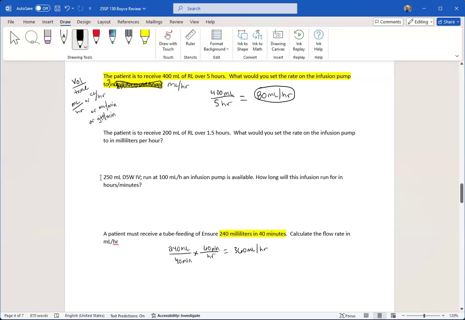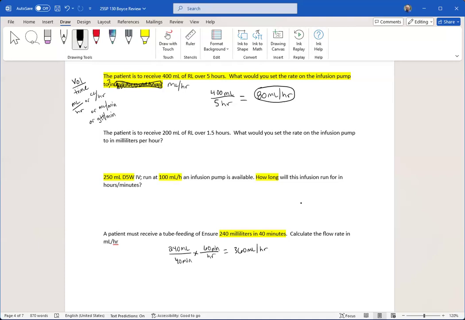So in this particular question, it tells me that we have 250 milliliters of dextrose 5% water. It's infusing at a rate of 100 milliliters per hour. And I want to know how long will it last. Now, usually when they ask you how long it'll last, they're usually asking you how many hours, how many minutes, and I'll show you the different ways that you might want to write this down, because some instructors will want it a certain way.